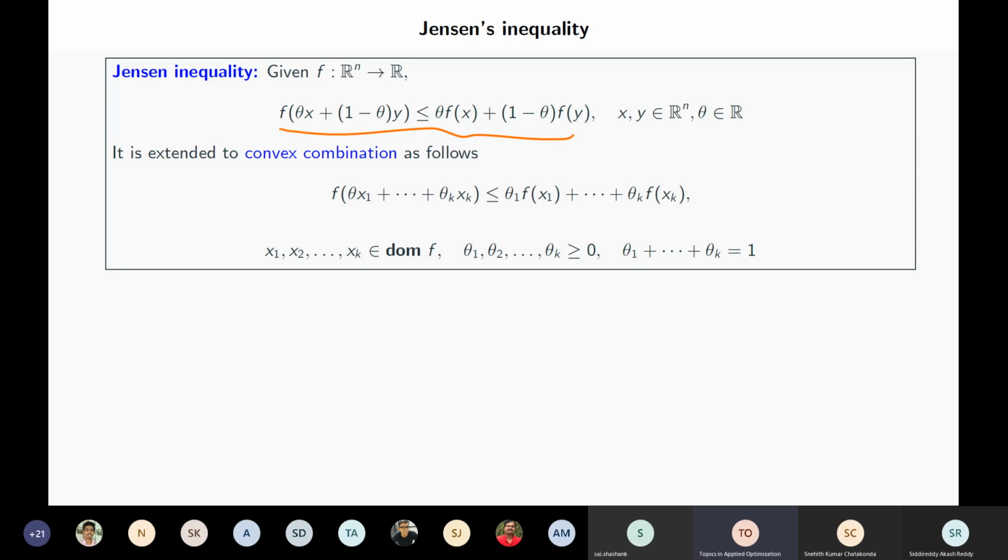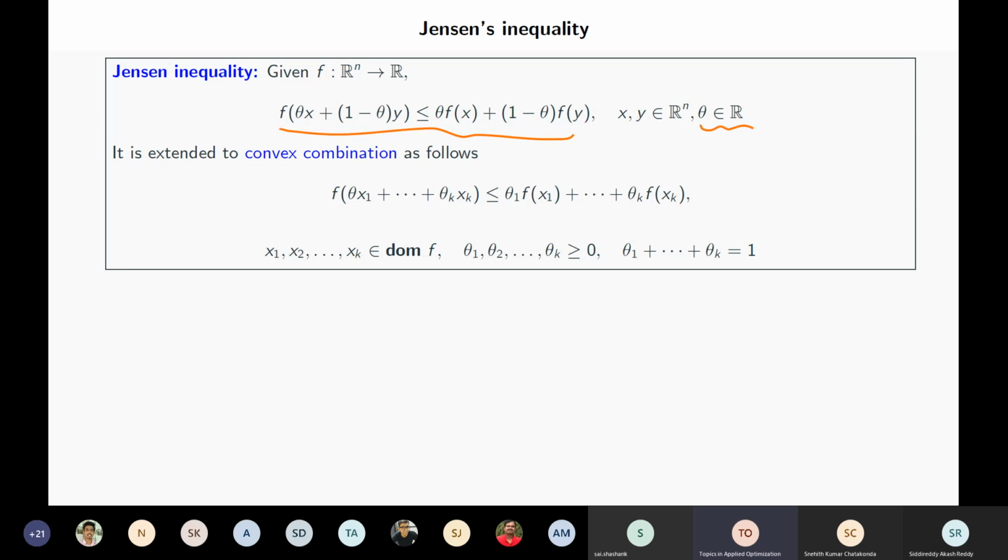The important thing to note here is that it's for all theta in R, and x and y in R^n. So this is Jensen's inequality.